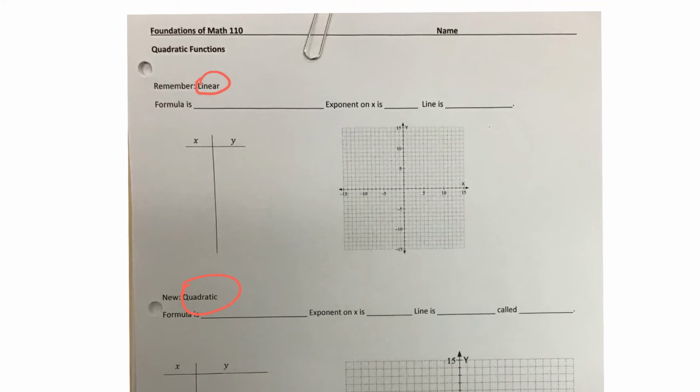The formula for a linear line that we always use is y equals mx plus b. And the really important piece of this is this x. The exponent on that x is a 1. We can't see it. The line is straight, right? A linear line is a straight line.